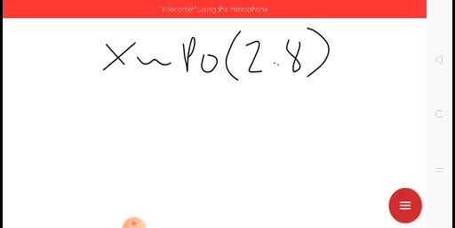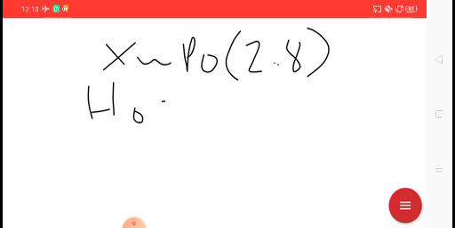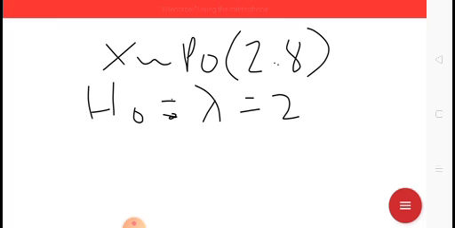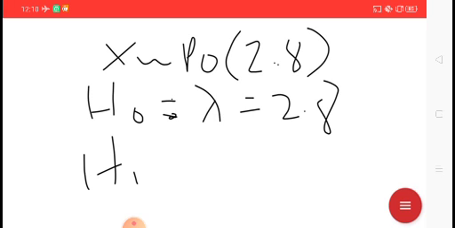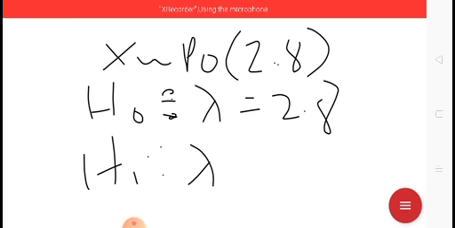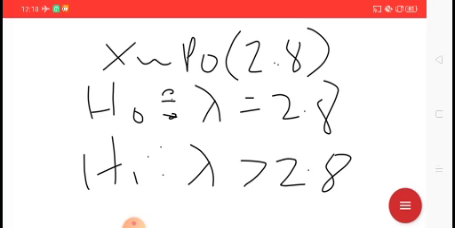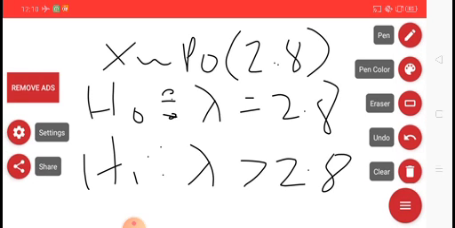Okay, so now you can set your hypotheses. H0: lambda is equal to 2.8 and H1: lambda is, you want to test whether the team now scores more goals, so larger, more, okay, so larger than 2.8. So once you have these two, now you can start your test.